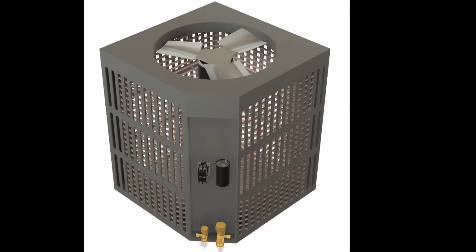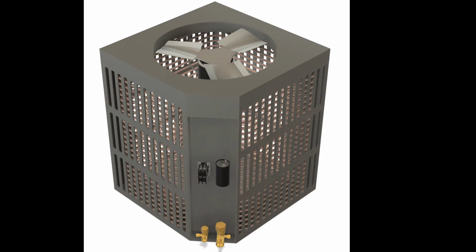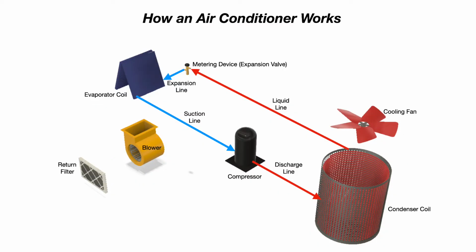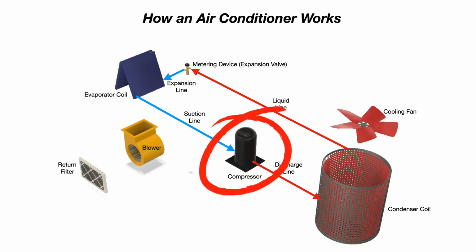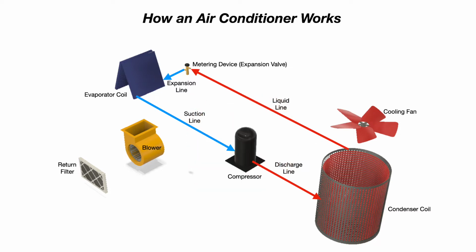And you have a condenser cooling fan that is responsible for pulling ambient outdoor air through the condenser coil, absorbing the heat energy from the refrigerant flowing through the coil, and discharging it up and out away from the building via the fan. And the compressor is the pump.